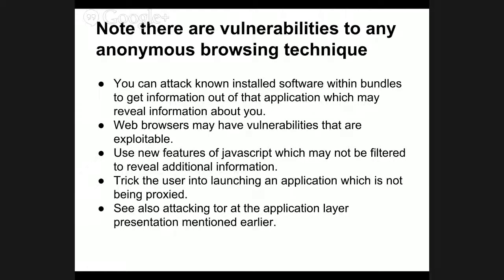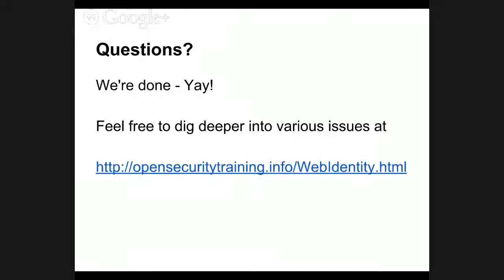So these are all different ways that you can attack Tor. Again, see attacking Tor at the application layer as a different way of thinking about identifying web users' locations.